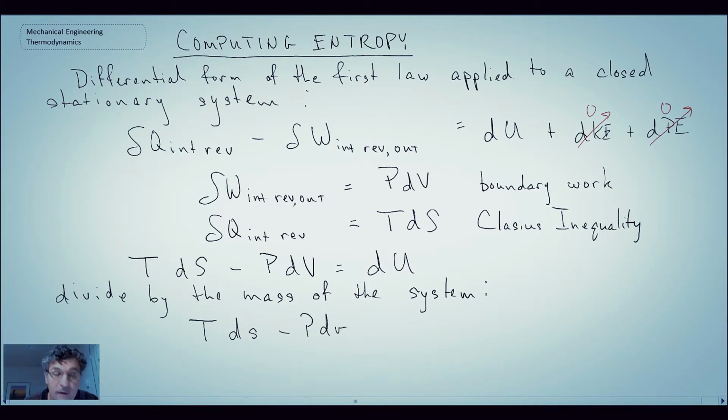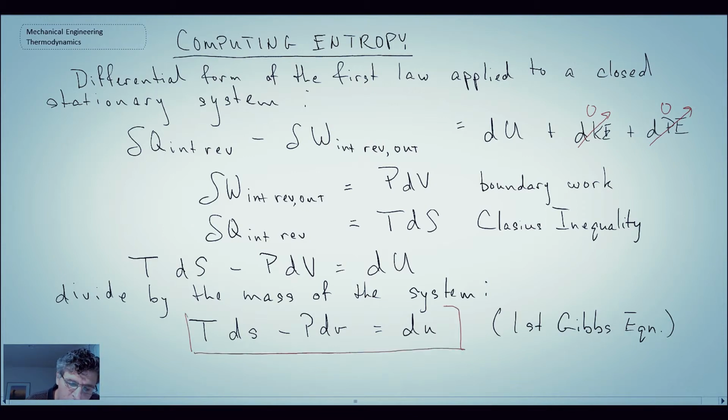We then have specific volume, and we have internal energy on a per unit mass basis. And we will call this the first Gibbs equation. And we'll come back to that equation in a couple of moments.